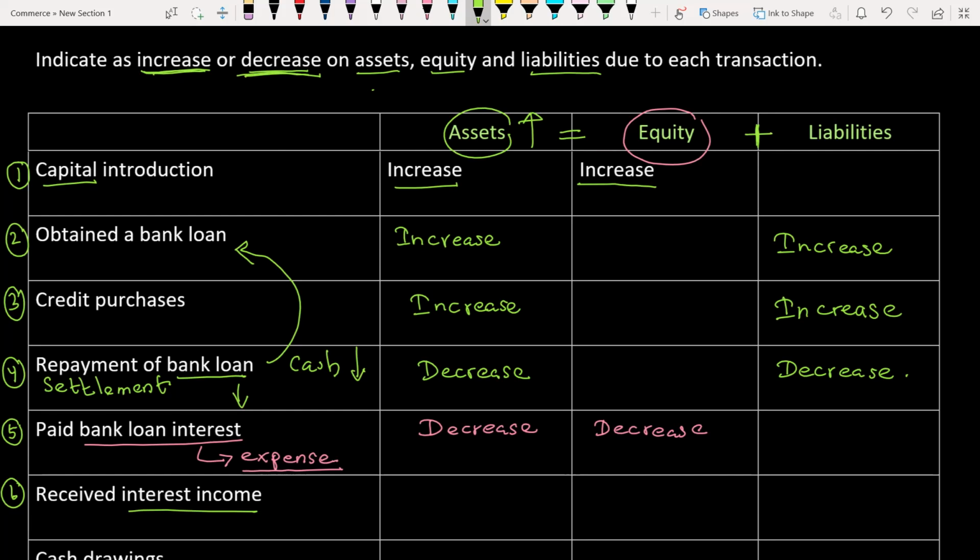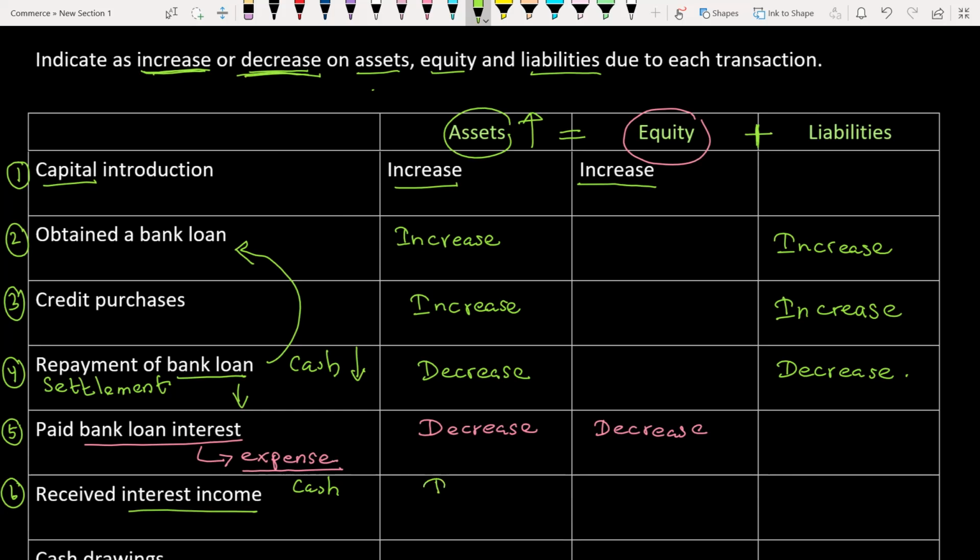So fixed deposit will generate interest income to the business. In this case, the business receives interest income. So what happens to the assets of the business? The assets of the business increase. Why? The business receives cash as the interest income.